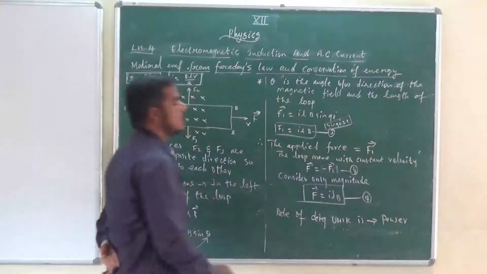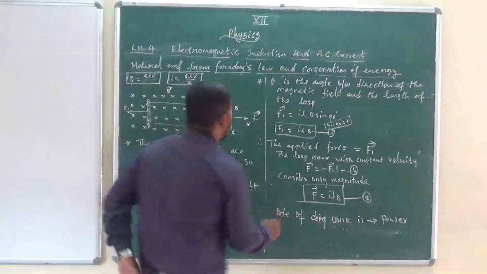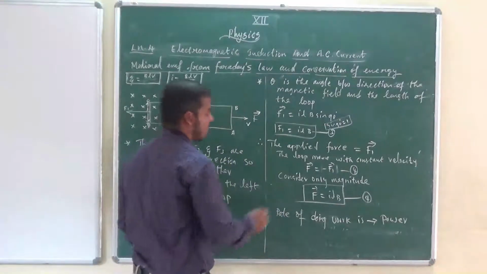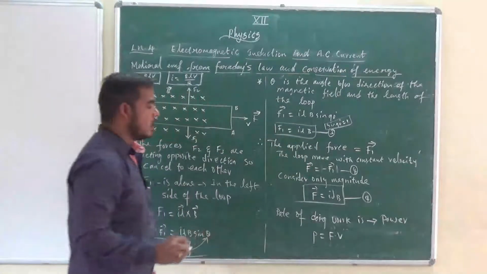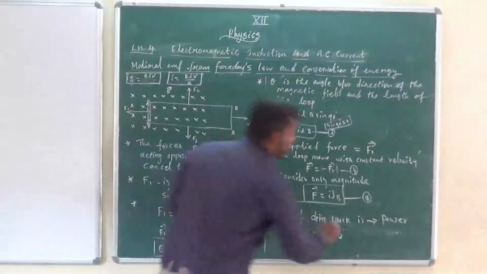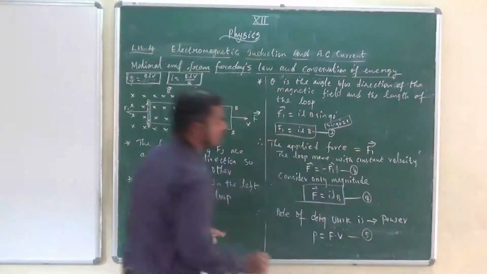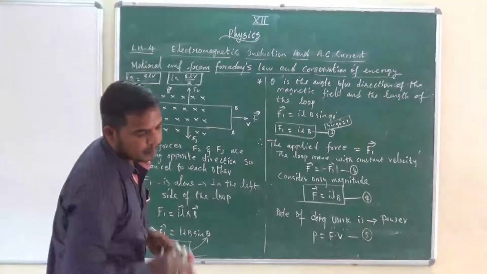To find the dissipation of power, we have already derived the equation: P equals F dot V, isn't it? Now we have to substitute equation number 4 in equation number 5.